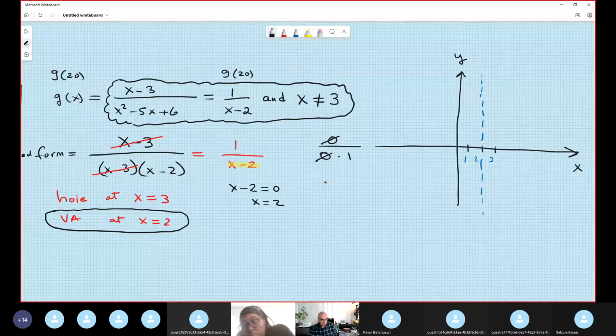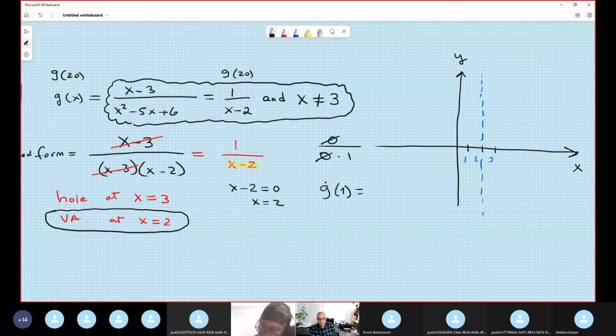Okay, entonces, in order to understand a little bit how the function behaves, for example, how it approaches to the right or to the left, you evaluate, for example, the function G at 1. 1 is left, and 3 is right, but 3 is no good because 3 is a hole.